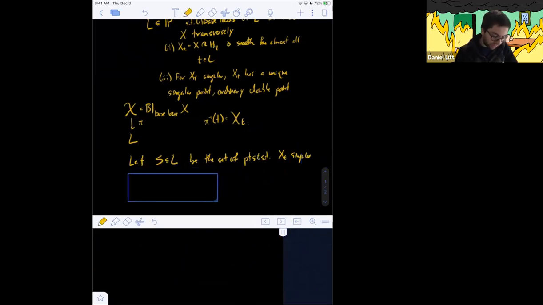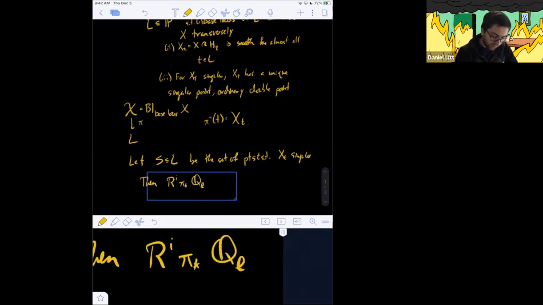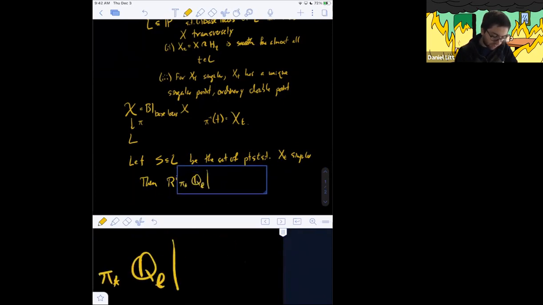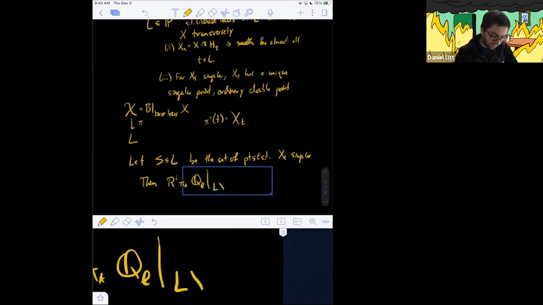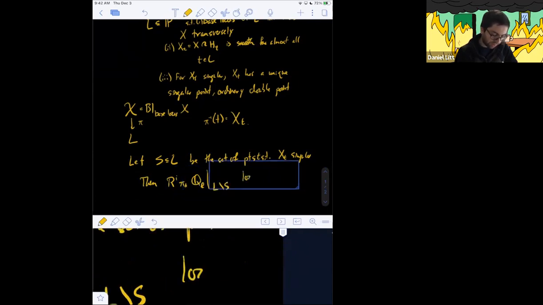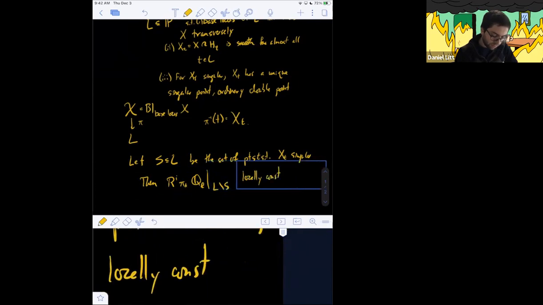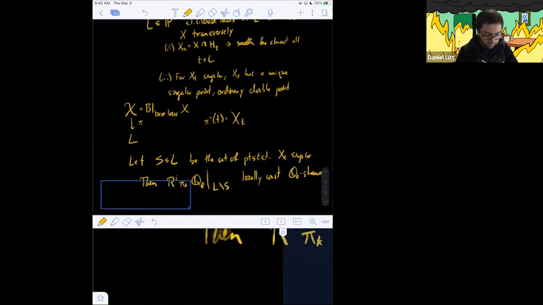Then we get these sheaves R^i pi_* of the constant sheaf Q_l. If we restrict these sheaves to L minus S, these are locally constant Q_l sheaves.